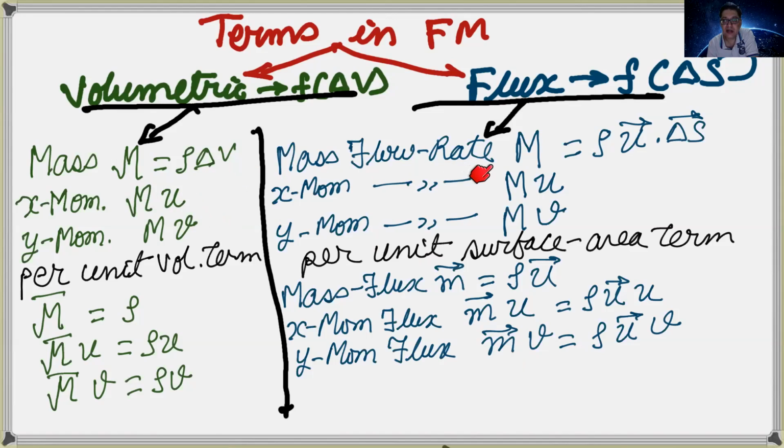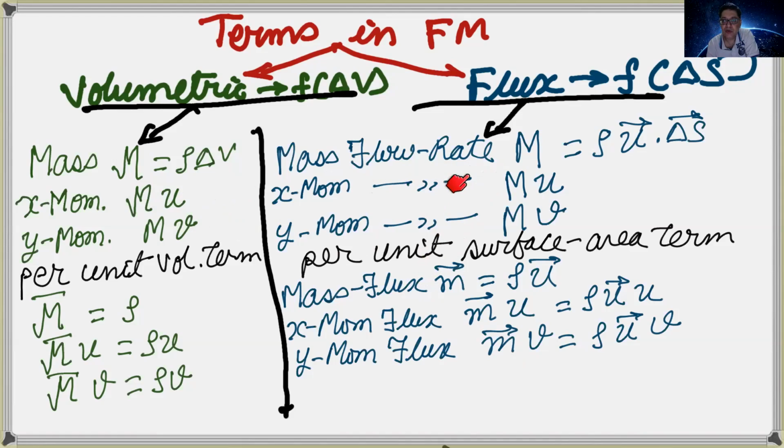The second, straight capital M, I am calling mass flow rate. And third, small m, I am calling mass flux. Notice this nomenclature; it will be used later in the course. However, note that mass and mass flow rate are scalars and the mass flux is a vector.